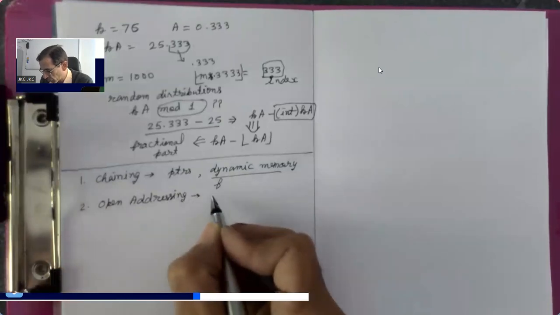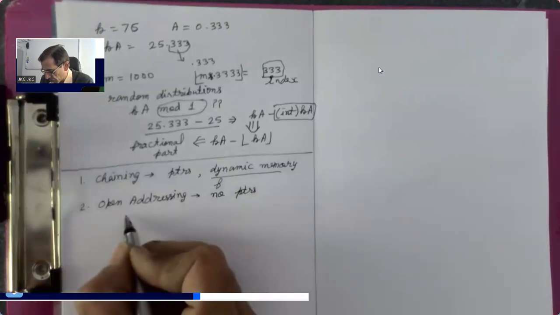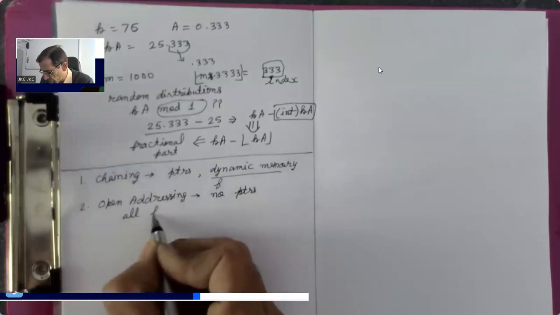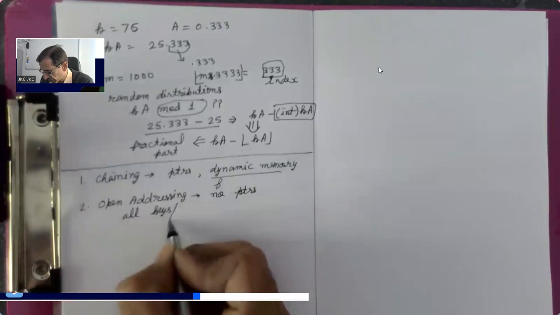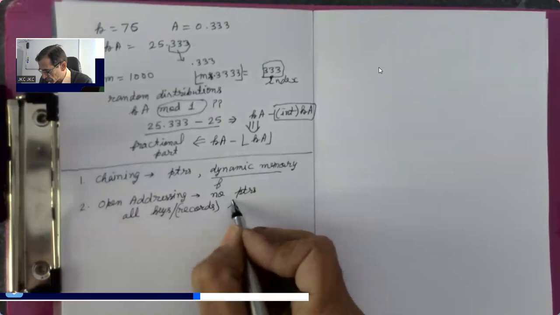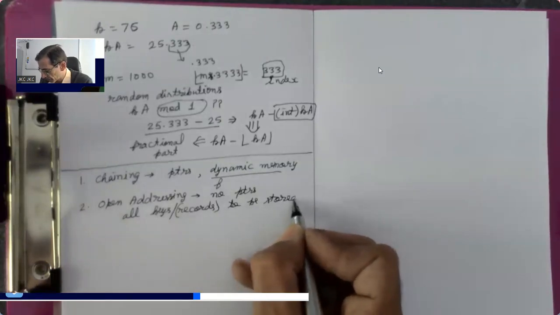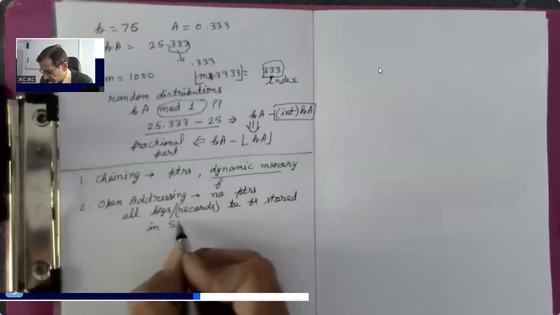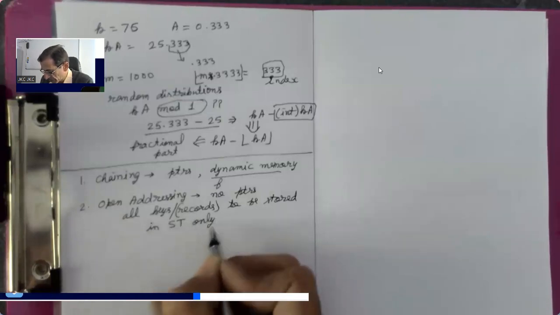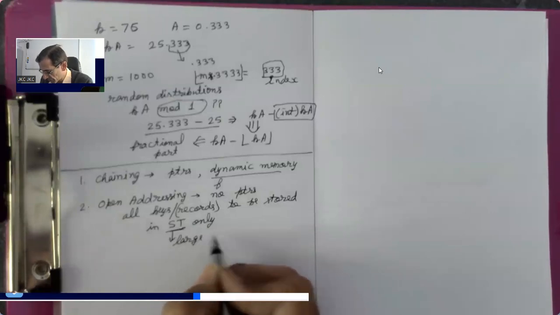In open addressing, no pointers will be used, no dynamic memory will be used. All records, or all key-based records, keys indirectly mean the full records, are to be stored in the storage table only. That will mean that this should be large enough. How much large?